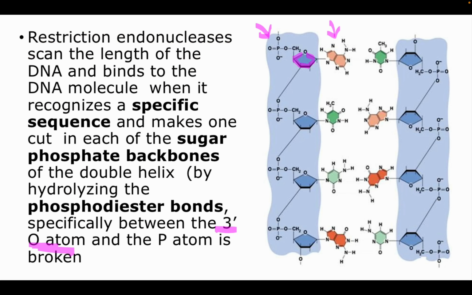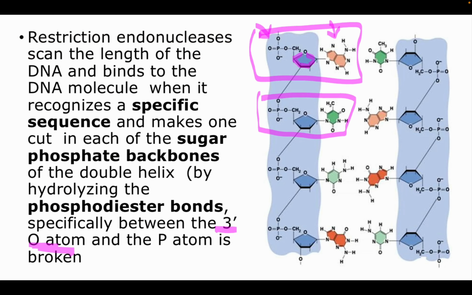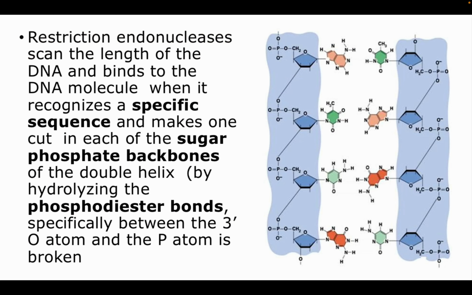And of course, one nucleotide is connected to another nucleotide by what bond? Phosphodiester bonds. That is the bond that will be cleaved by the restriction enzyme, specifically in the sugar phosphate backbone of the DNA, at the 3' oxygen atom.